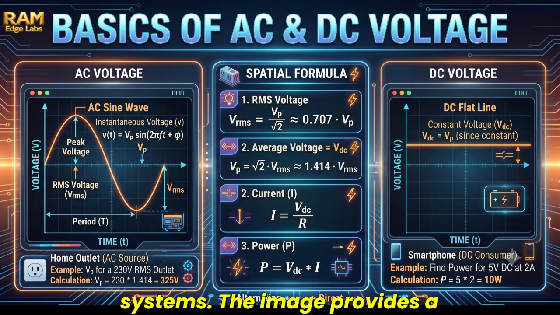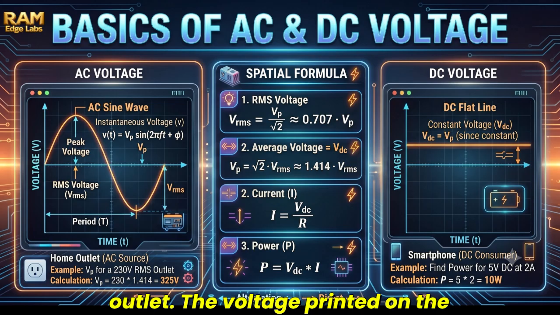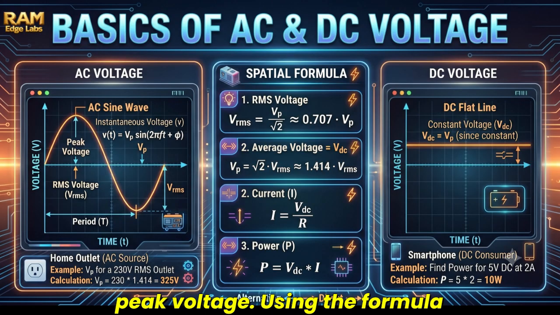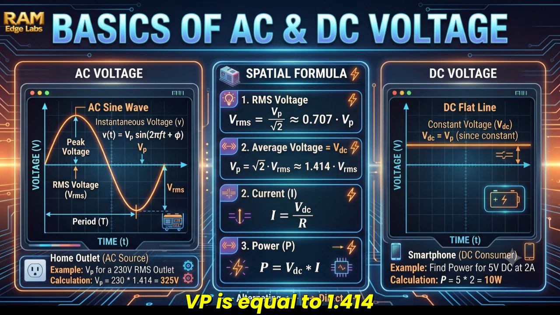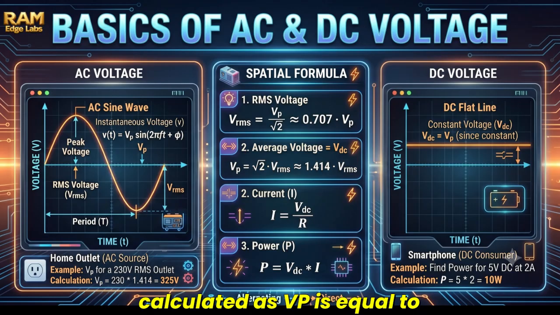The image provides a practical example using a 230 V AC household outlet. The voltage printed on the outlet is the RMS voltage, not the peak voltage. Using the formula Vp is equal to 1.414 times Vrms, the peak voltage is calculated as Vp is equal to 230 times 1.414, approximately 325 volts.